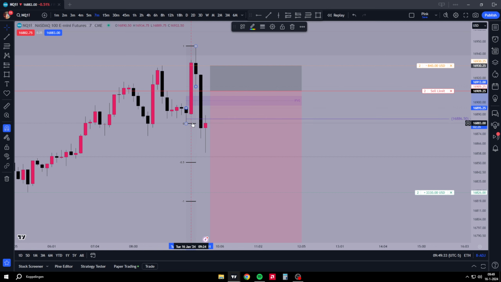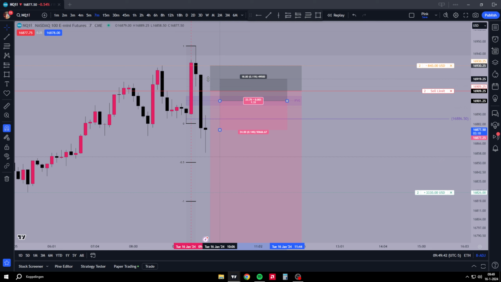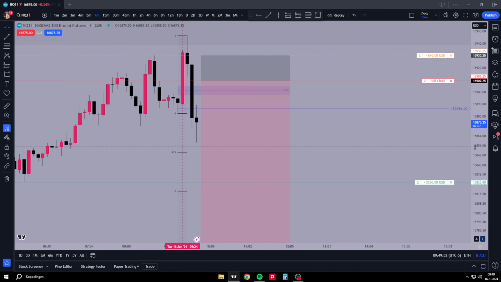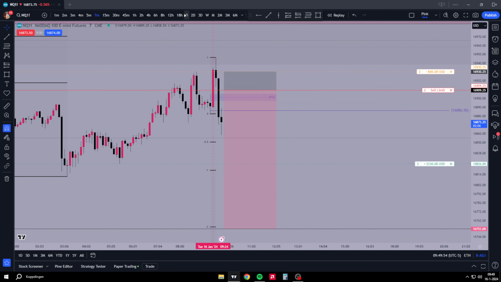So your stop would be at break even here, maybe even small partial if it would be like this, and then I don't even know where stop would be, like here and here, and then I'll take a partial there. My stop would already be at break even. But we'll see what happens.